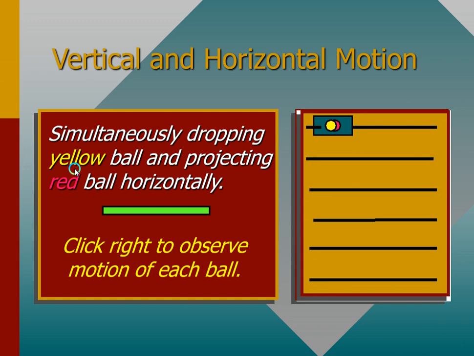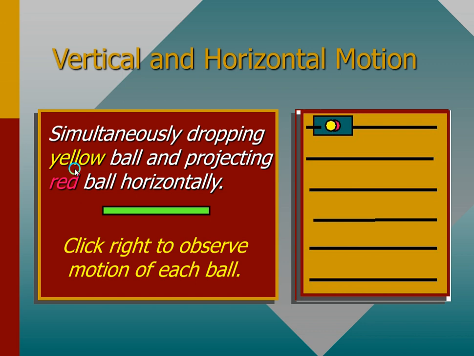In terms of the vertical and horizontal motion, let us observe what will happen when we simultaneously drop a yellow ball and project a red ball. We want to see the differences and similarities of dropping using free fall and using projectile motion.